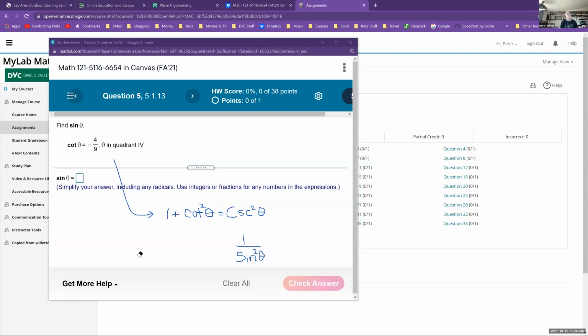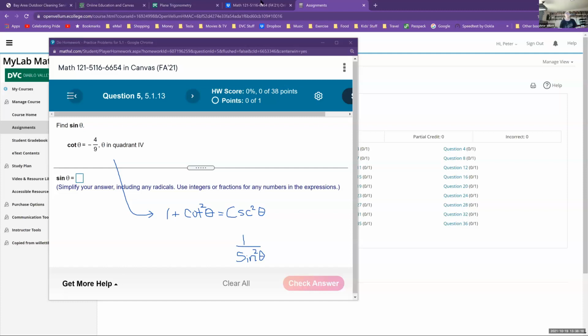So that's the pathway to how to get to this answer. We would then have to know which quadrant it is to choose whether it's a positive or negative value for sine, but that would be the path that we would take. So let me pause there and see if that makes sense. I can continue in the problem in a second, but the idea is this is the pathway to get the answer that they're asking for.